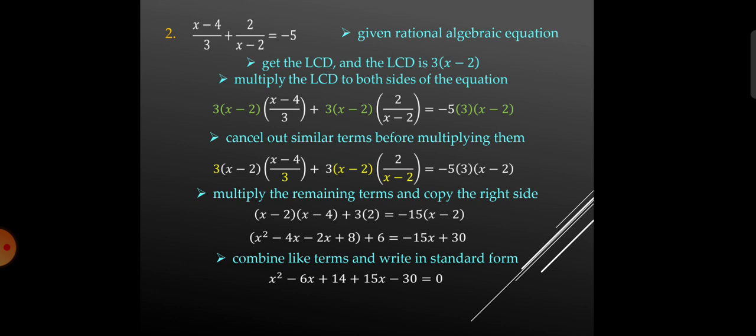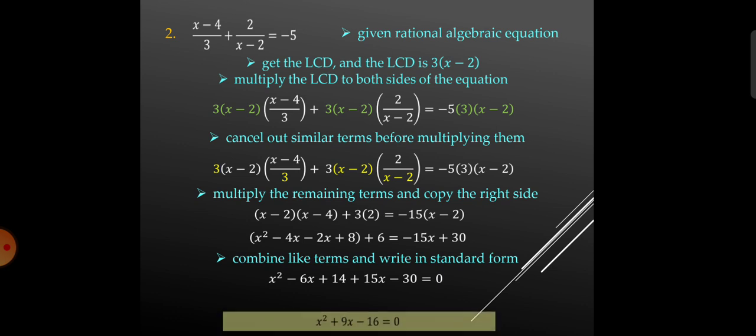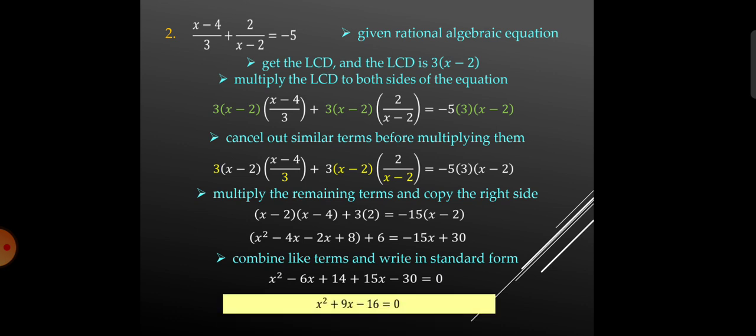Sakto? Then, ang expression nga negative 15x plus 30 from the right side of the equation, once i-balance sa left side, ang negative 15x mahimong plus 15x. Ang positive 30, i-balance sa left side, mahimong minus 30, equal to 0. Then, simplify the equation.